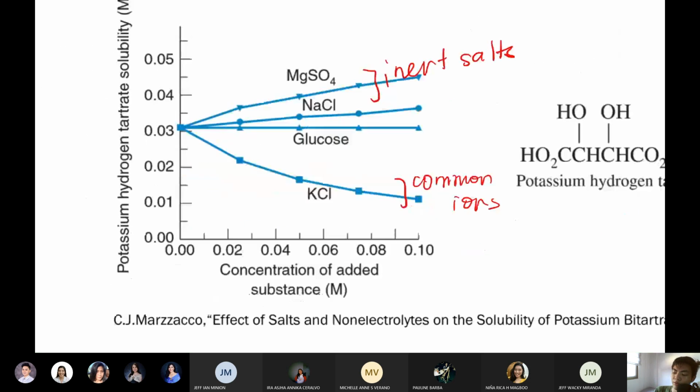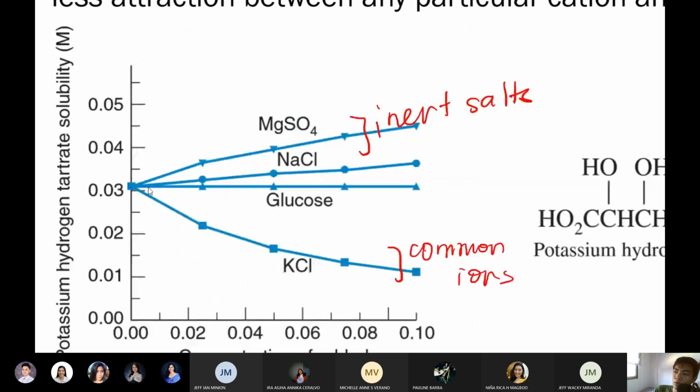In our graph earlier, we showed that when we add glucose, K is not changed, because gamma is just 1. So K prime here is just K, because gamma is equal to 1 when we add uncharged species. That's why the solubility is constant.